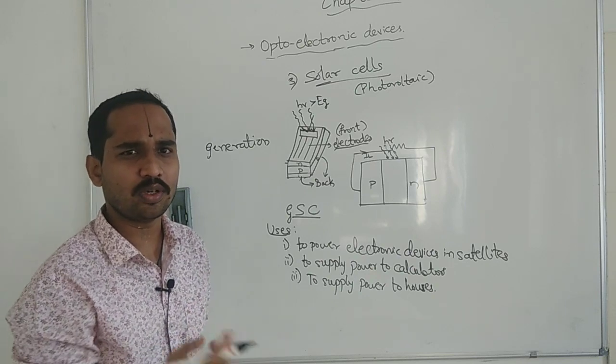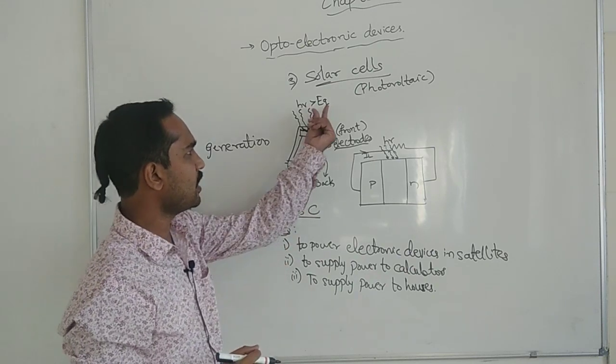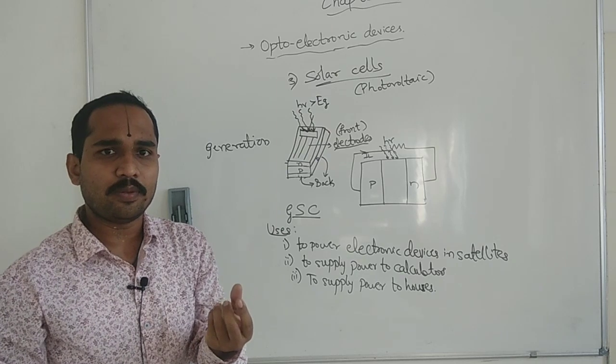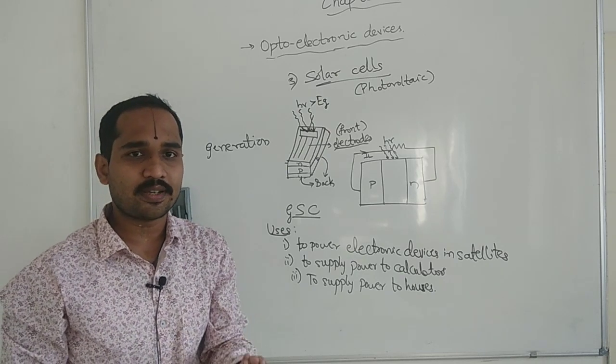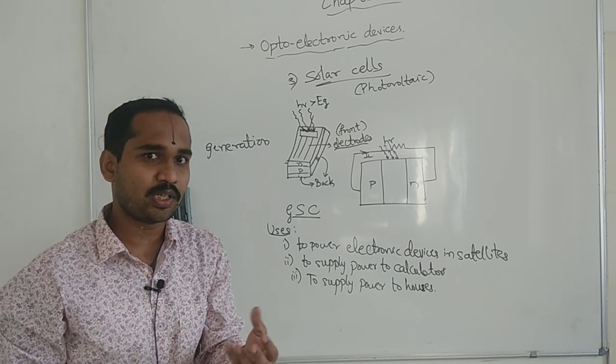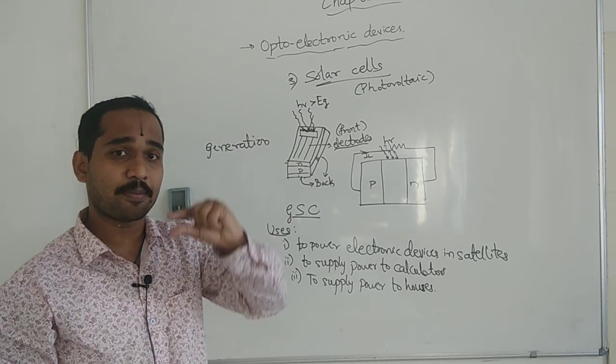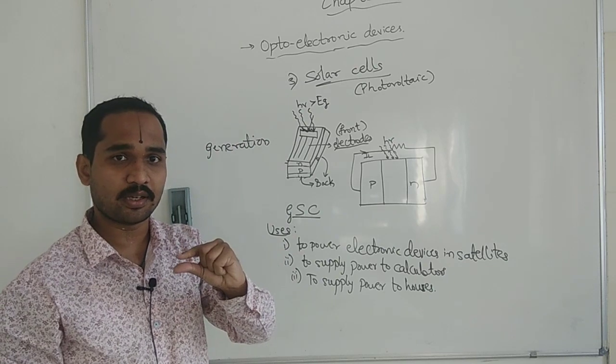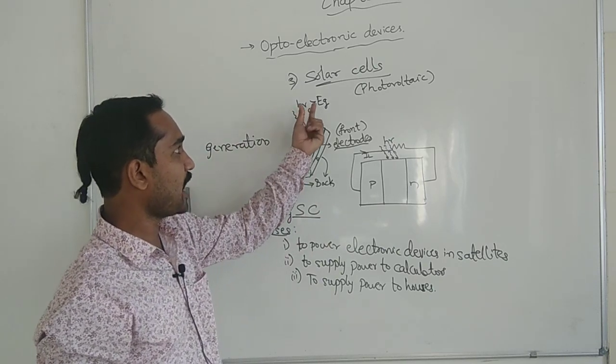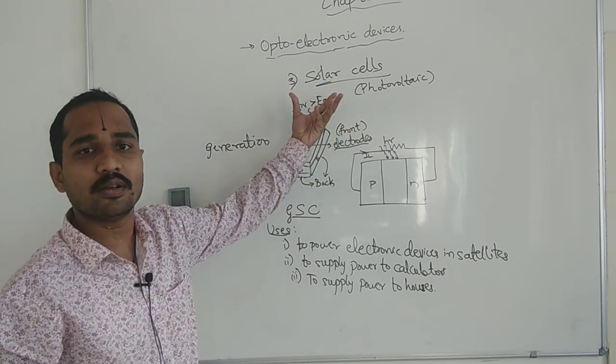This you already understood, so I didn't explain. See, the silicon will be having the energy gap of 0.7 volt, correct? Germanium of 0.3 volt. You all know this. The band gap between the conduction band and the valence band. Your h nu should be having more energy than the band gap.